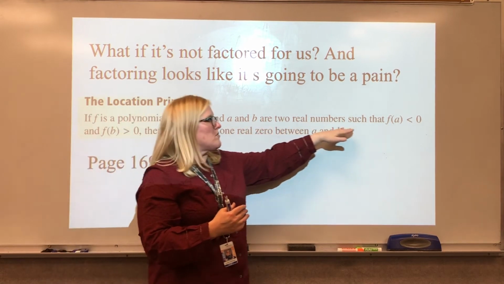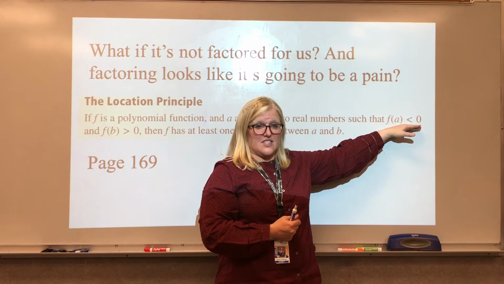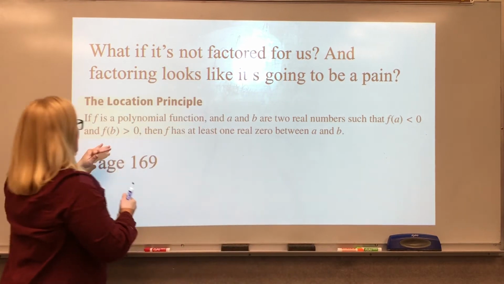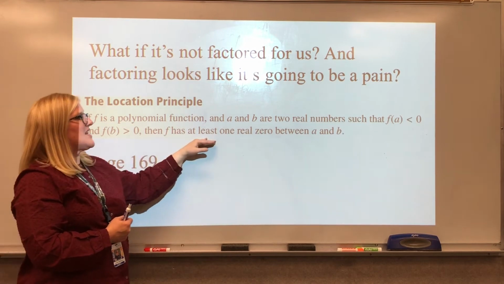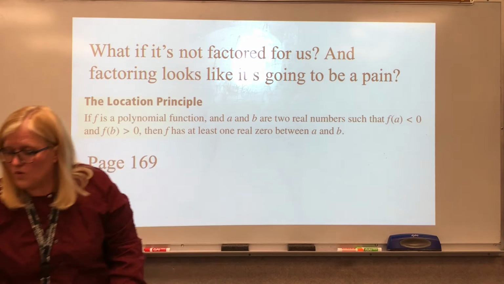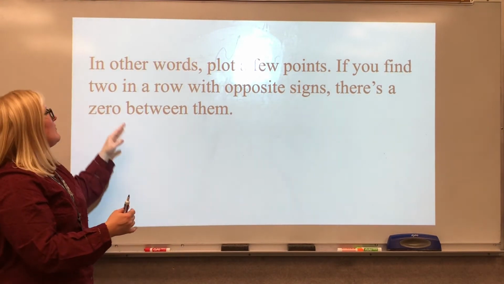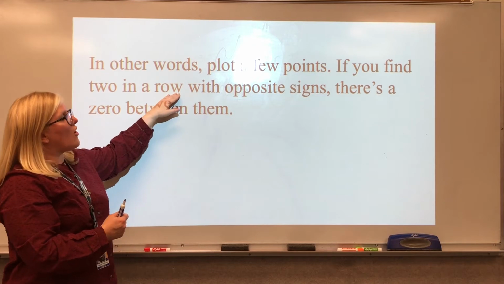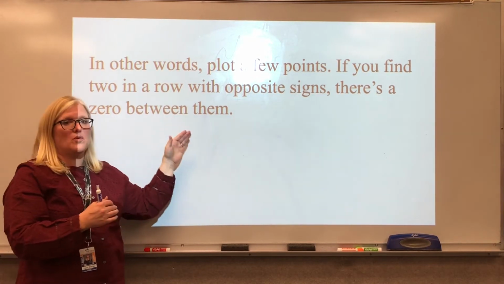Okay, are 2 real numbers such that f of a is negative, less than 0, and f of b is positive, then f has at least 1 real 0 between a and b. So in other words, plot a few points. If you find 2 in a row with opposite signs, there's a 0 between them.